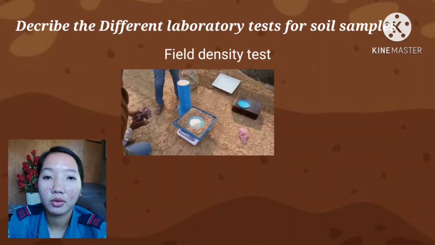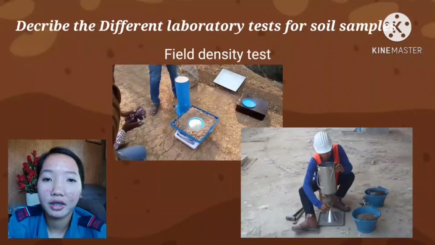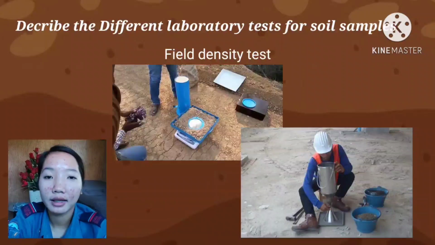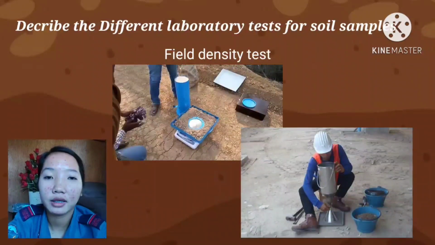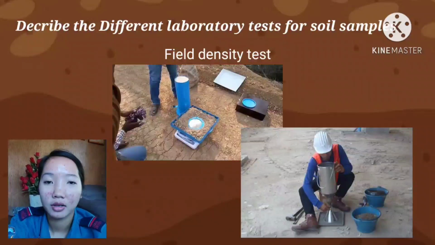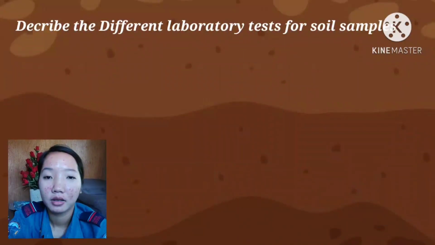Ito ay makakatulong para ma-identify ang origin ng soil. It consists of adding liquid sa dalawang tube. Yung liquid sa both na tube ay parehas pero ang ratios nila ay magkaiba.